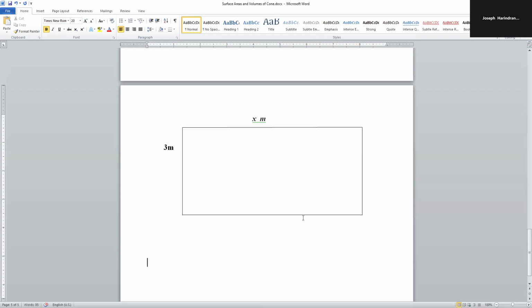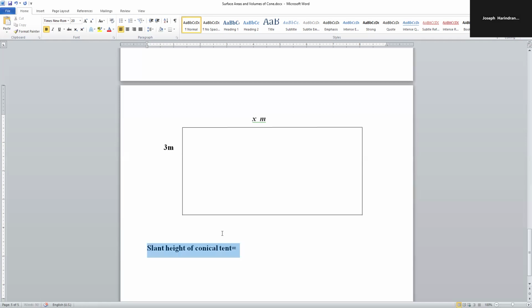So the slant height of the conical tent is equal to, let us find out.